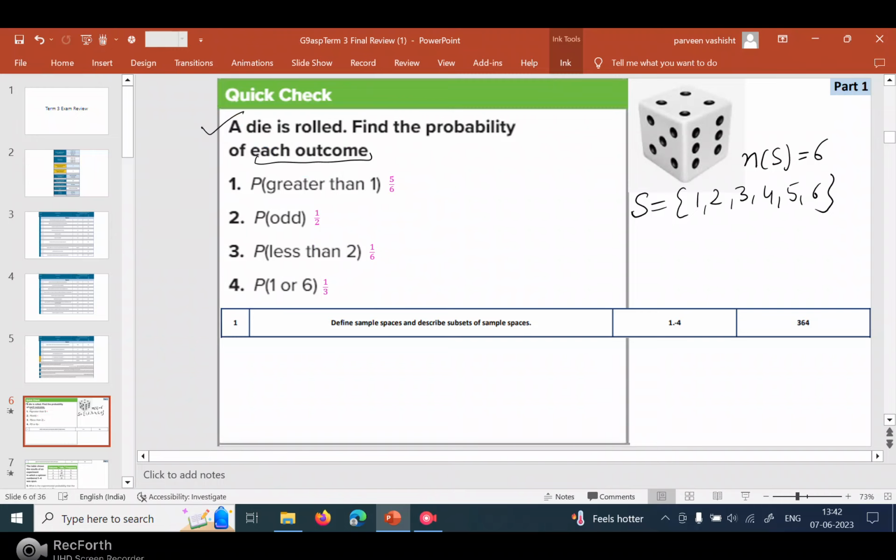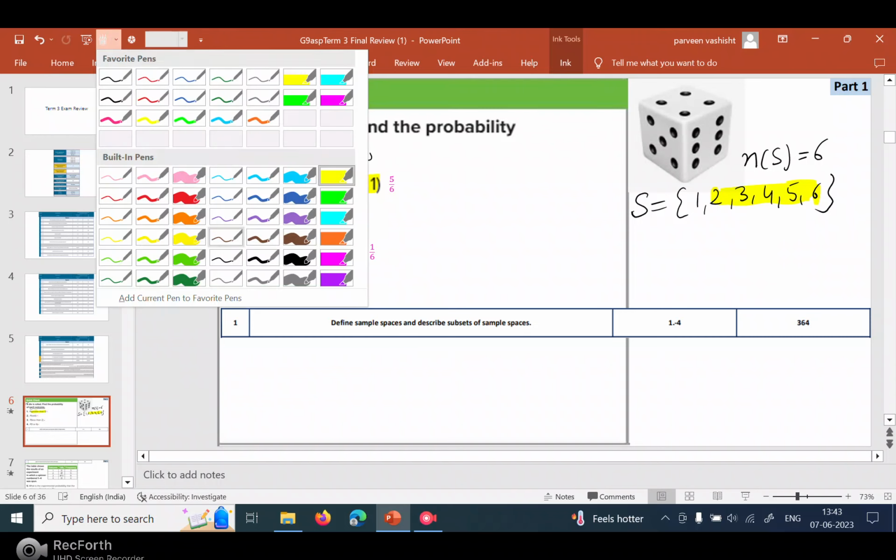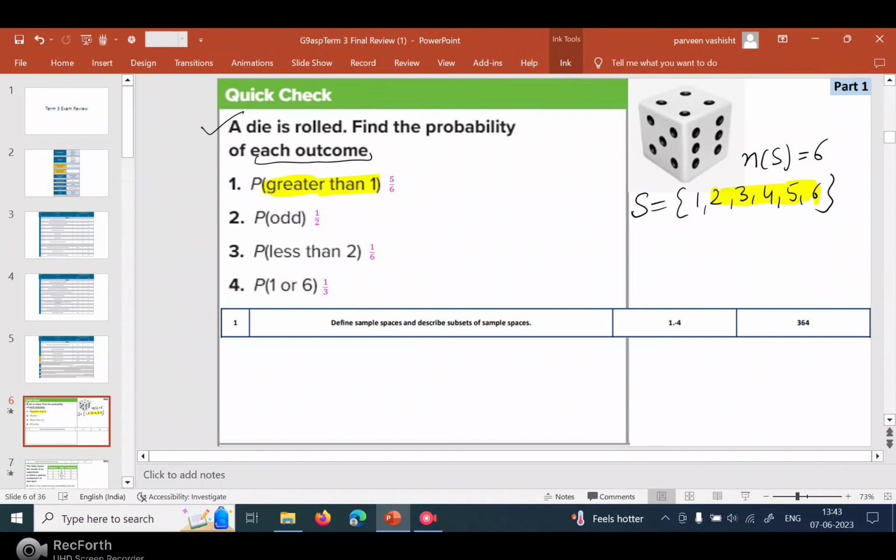I want to find the probability of the numbers that are greater than 1. So my dear children, you will see how many numbers are greater than 1. All these numbers are greater than 1. You can count them: 1, 2, 3, 4, 5. So 5 numbers are greater than 1 and total outcomes are 6.